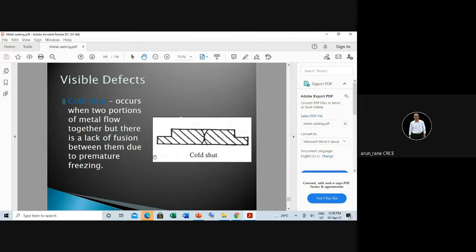If they don't fuse properly, then you get a gap here. That is what is called the cold shut.